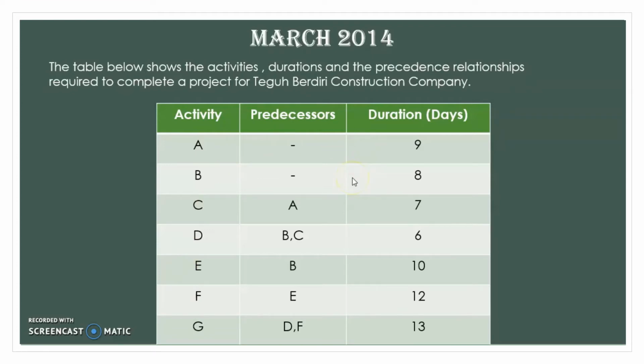The timetable below shows the activity, predecessors, and duration in days required to complete a project for Teguh Berdiri Construction Company. In the next question, we'll be asked about the diagram and how to calculate the EET and LET. Putri will explain that part, which is how to draw the diagram and how to calculate the LET and EET.